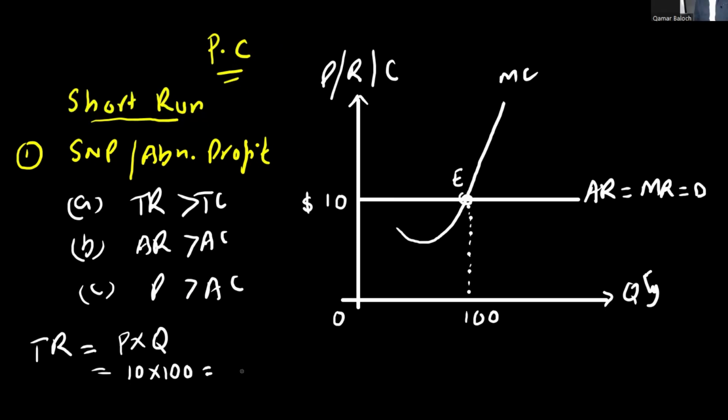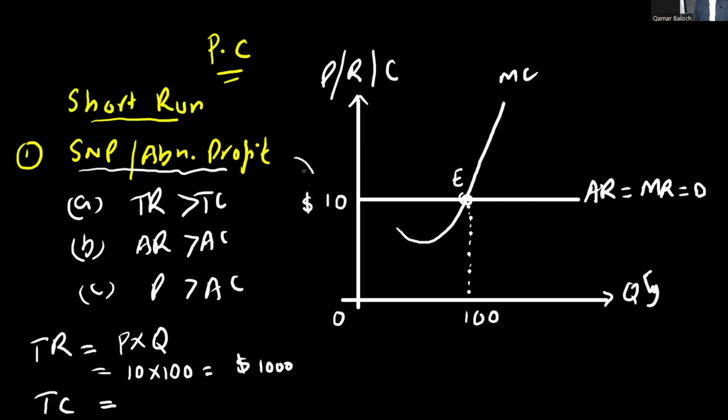So 10 into 100 will give us $1,000, right? So if total revenue is $1,000, to earn supernormal profit, firm should face cost lesser than $1,000. So total cost should be less than 1,000, and average cost should be less than $10.